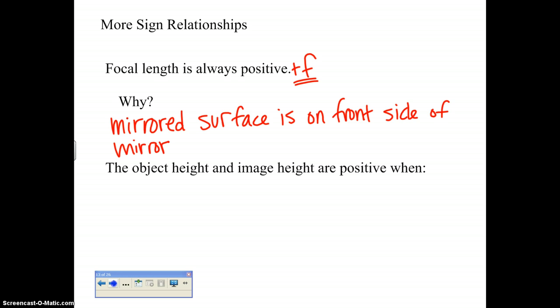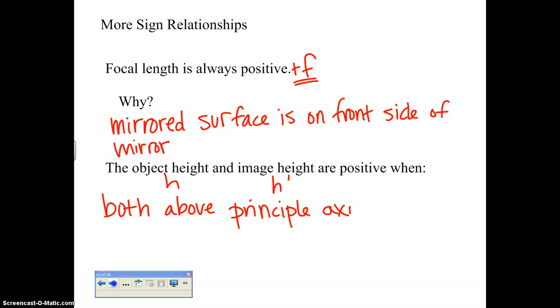The object height, that's H, and the image height, H prime, are positive when both are above the principal axis. Okay, so what do I mean by the principal axis? Later on, we're going to see that here's your mirrored surface. You're going to have an object that's placed onto there.